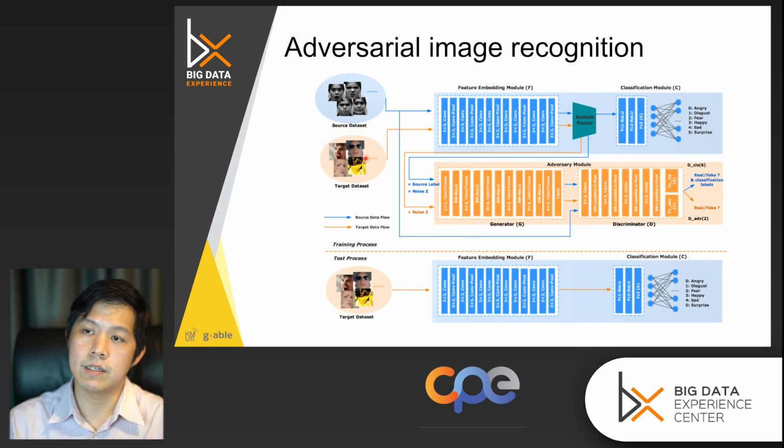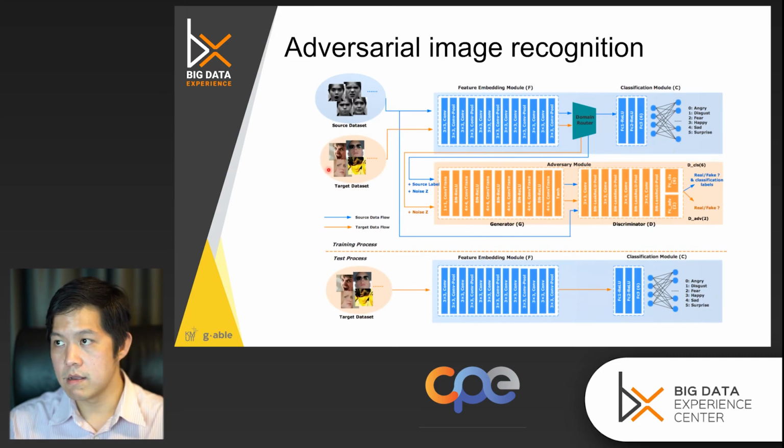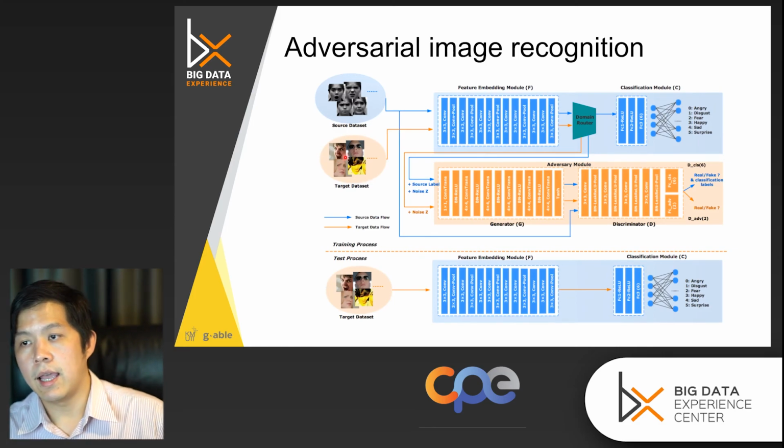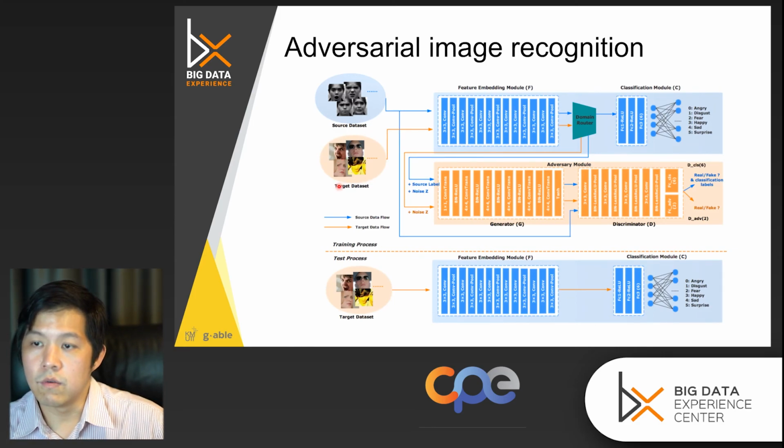Let's say we have this. We want to perform classification of emotion. Right? We have a target data set, and we have the emotion data set that you want to incorporate.